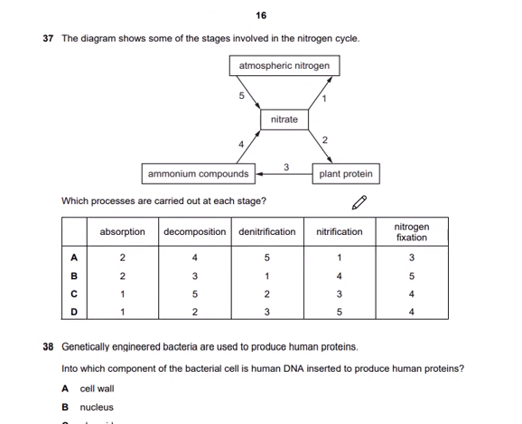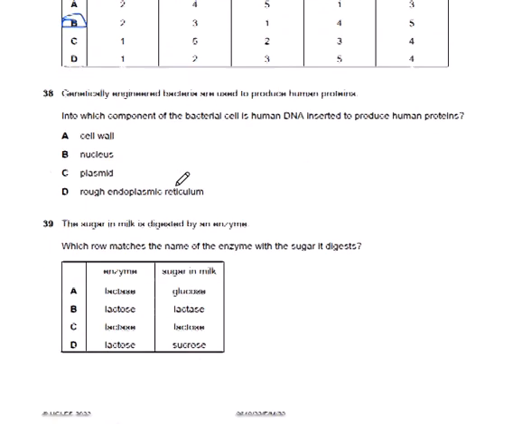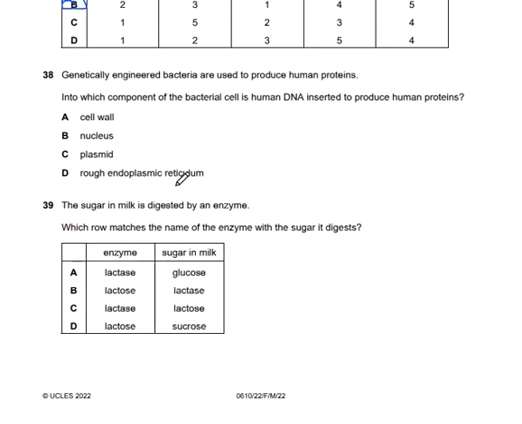The diagram shows some of the stages involved in the nitrogen cycle. Alright, so atmospheric nitrogen to nitrate is actually nitrogen fixation. B. As easy as it could be.